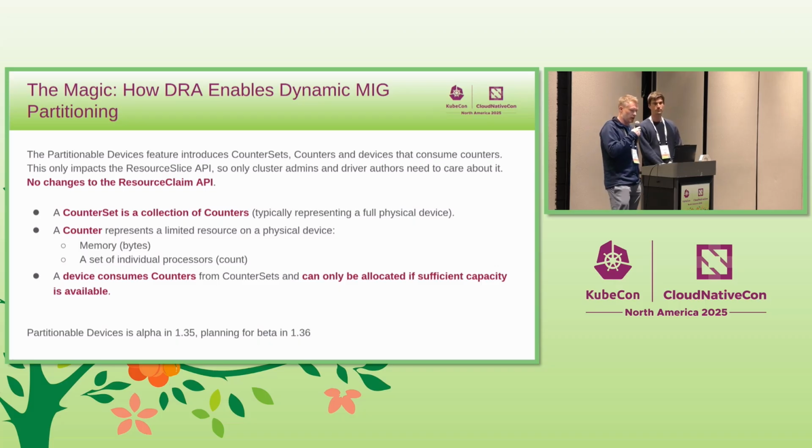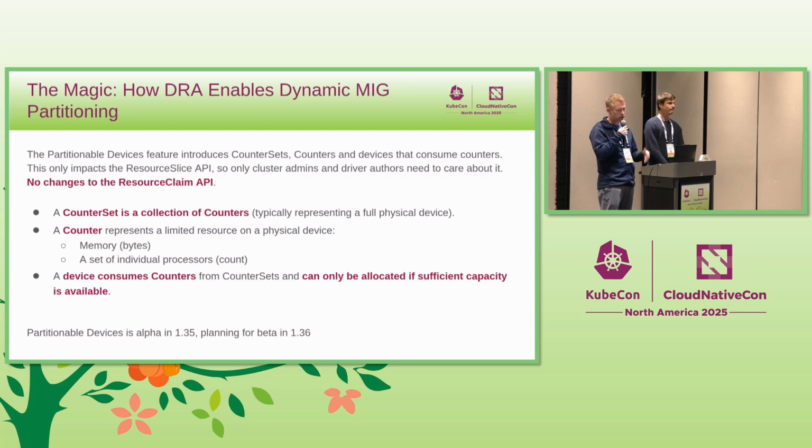And yeah, a counter set here is a collection of counters. You can think of this as a counter set representing a physical device. Counters represents limited resources on a physical device. So, for example, the amount of memory, the number of individual processors, that kind of things.